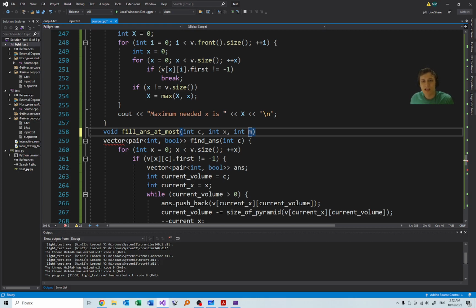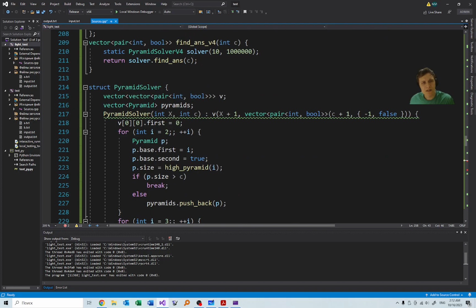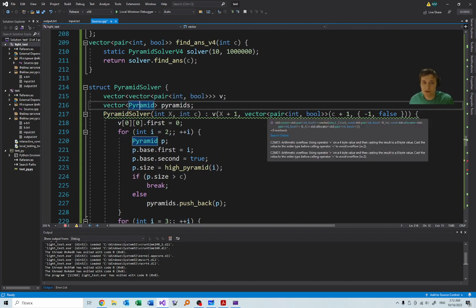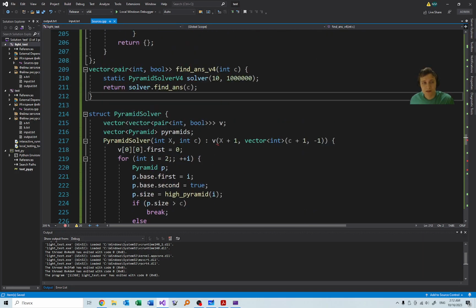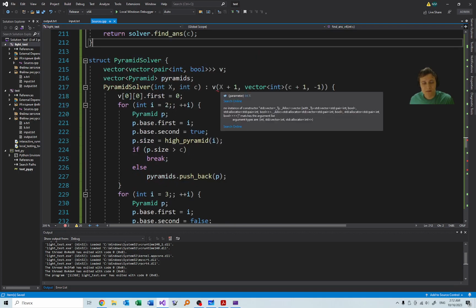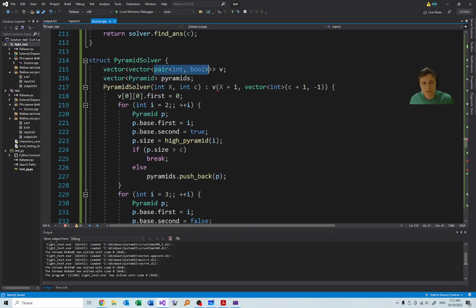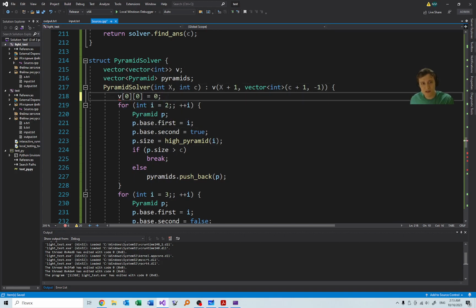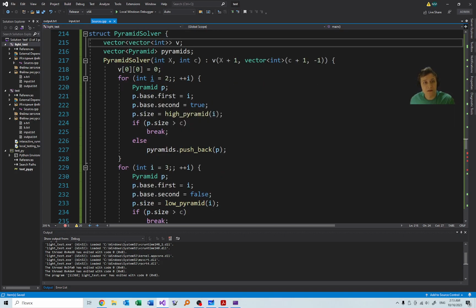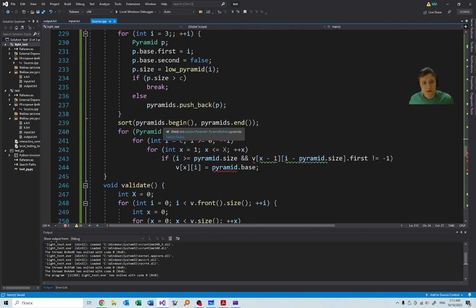So I want to use the mth pyramid. Here, actually, I can store the number of this pyramid. So let's put int here, which still can be -1. Now we go through pyramid indices.